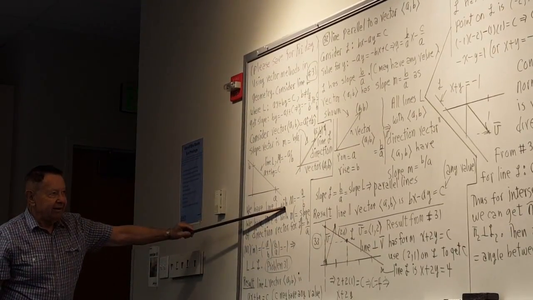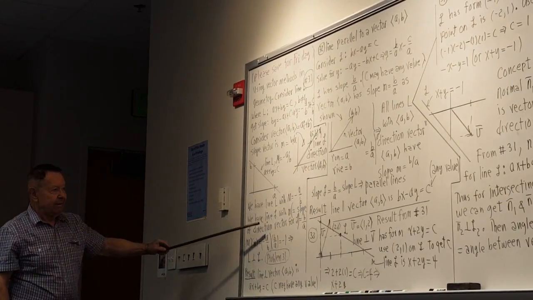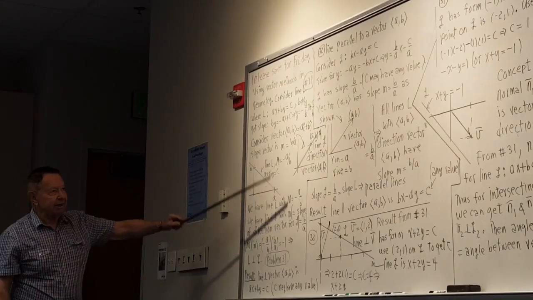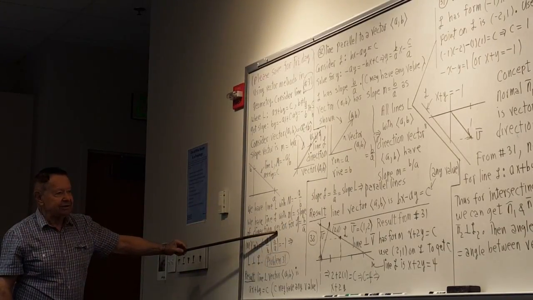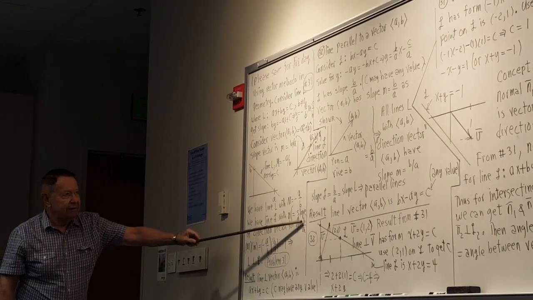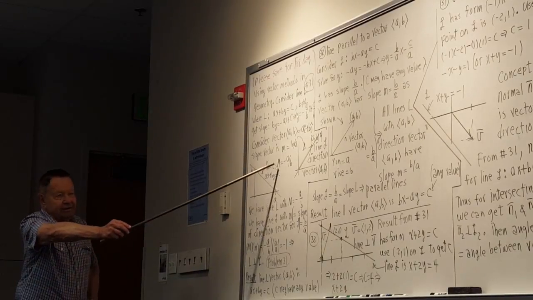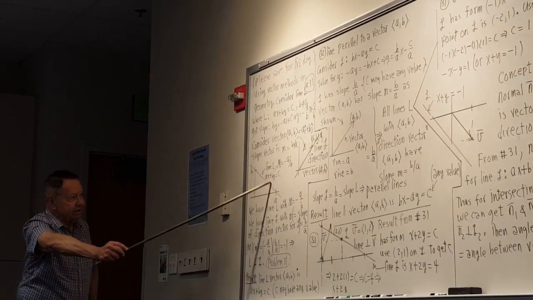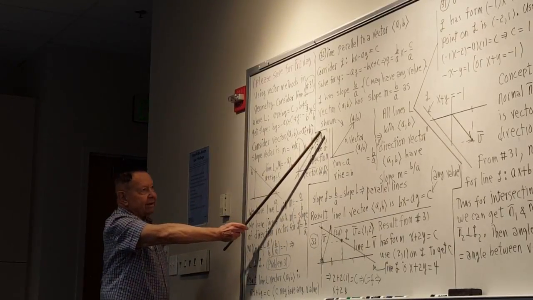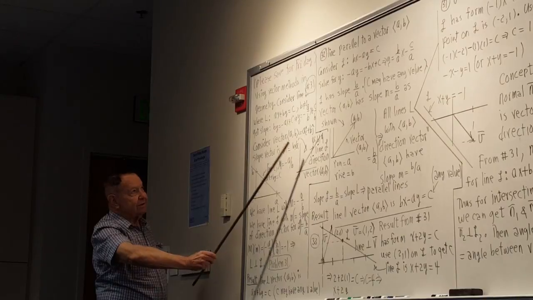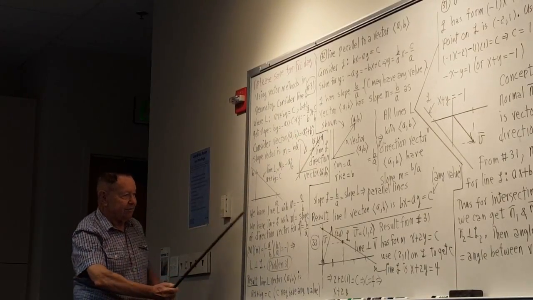So we have line L with slope capital M minus A over B. We have line script letter L over here with slope of its direction vector, which is B over A. So then you take the product of the slope of this line with this formula and the slope of the line here that has this vector AB as its direction vector.